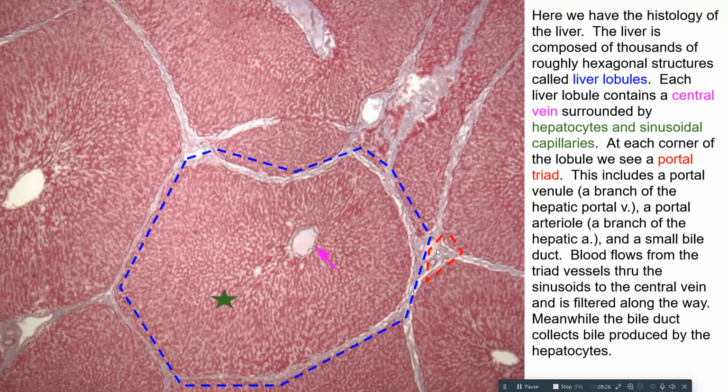So the two blood vessels bring blood, which flows through the capillaries here, onward to the central vein, and as the blood flows this way, it gets filtered. Meanwhile, bile flows outwardly towards the bile duct at a portal triad.